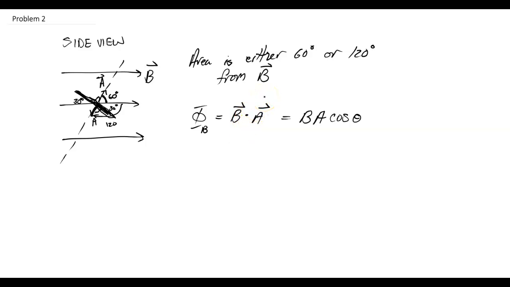And we need cosine to be positive, because we're told that the magnetic field is positive and it has a positive surface area, and the flux then would be positive because the magnetic field is hitting the surface area. So cosine must also be positive, which means we will use the 60 degrees.